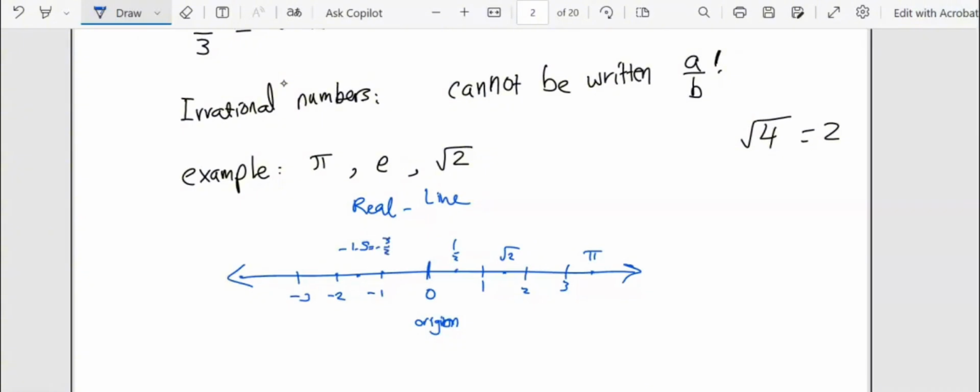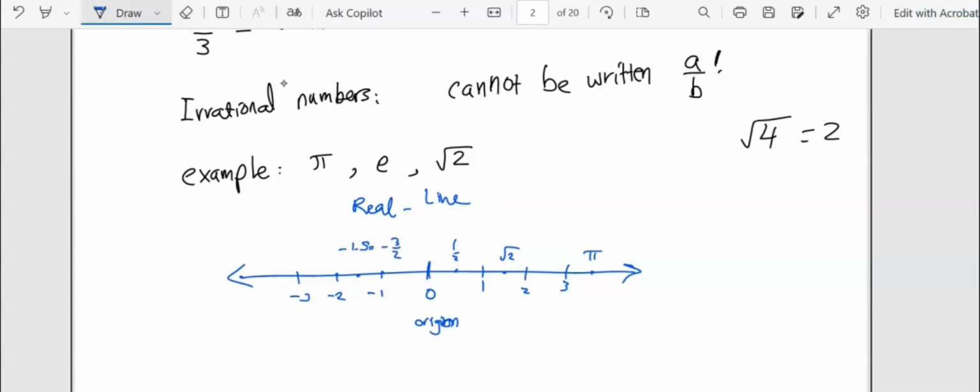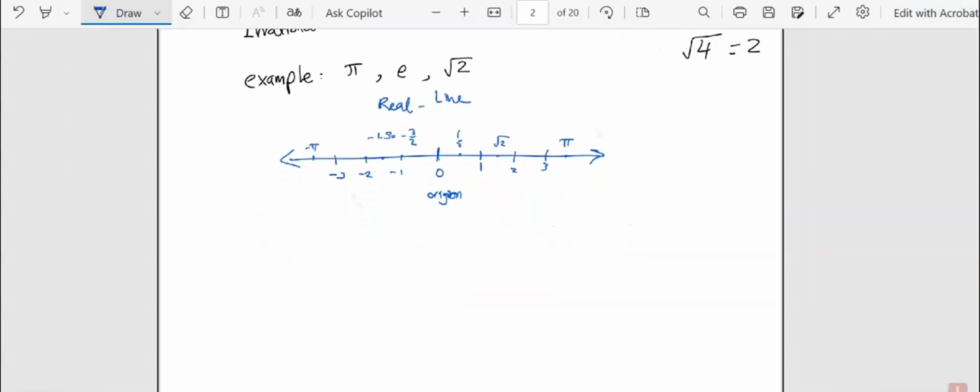We could write it this way, just to make it clear. Minus 3 over 2 and minus pi there. So just to give some examples on the real line. Okay, so far so good.